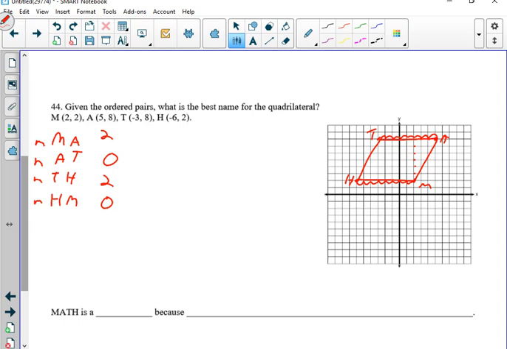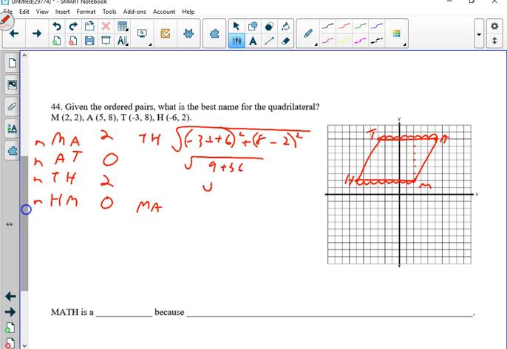And I just need to do the distance now for TH and MA. So TH, negative 3 minus negative 6 squared plus 8 minus 2 squared. 6 minus 3 is 3, squared is 9. 8 minus 2 is 6, squared is 36. That's the square root of 45.